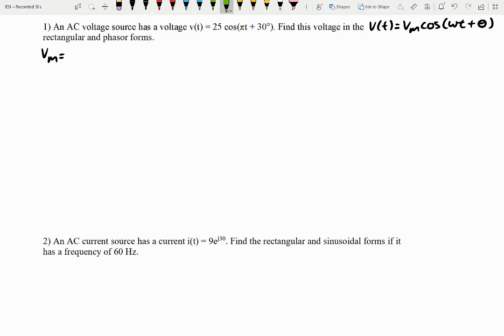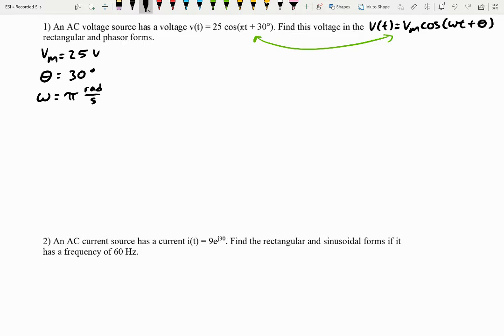If we match these two up, we'll see that Vm is going to be equal to 25 volts, our theta will be equal to 30 degrees, then our omega will be pi. This will be radians per second. So everything that's before the t is what your omega is, and it's in radians per second.